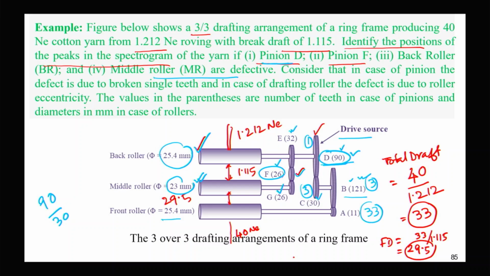So every 33 rotations, and pinion A is connected with the front roller on the same shaft.